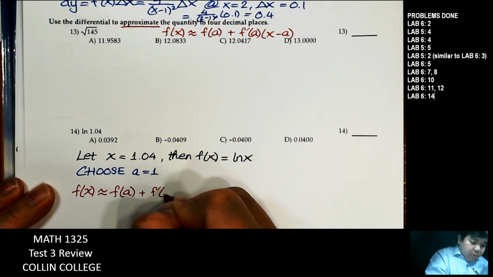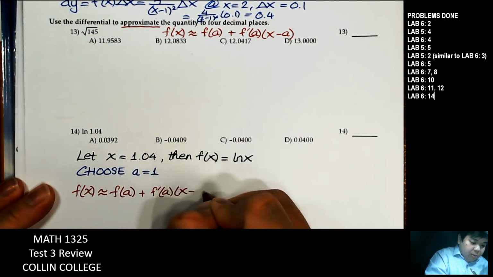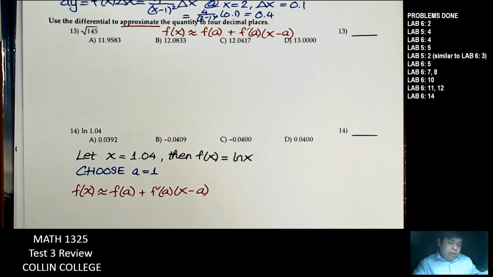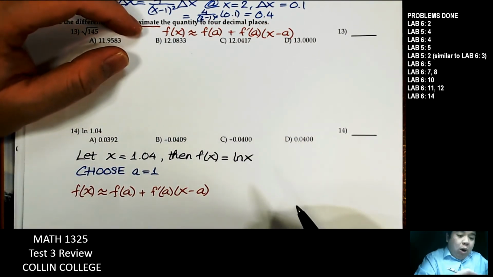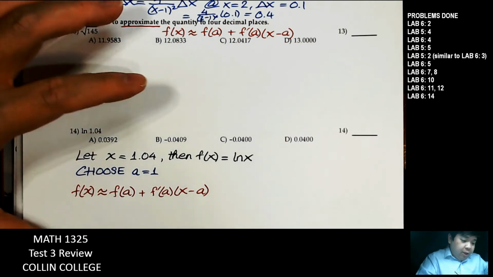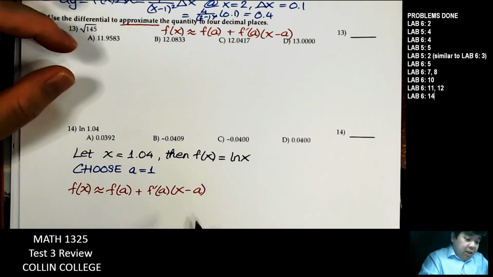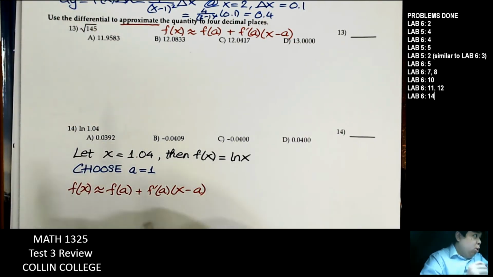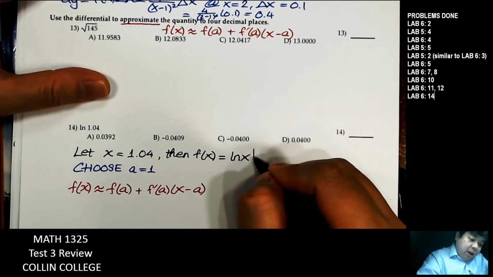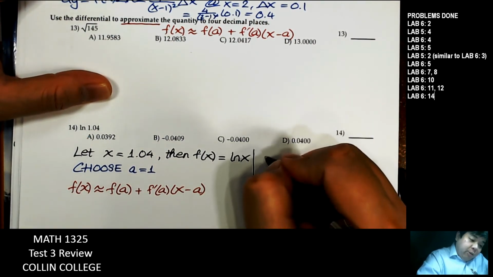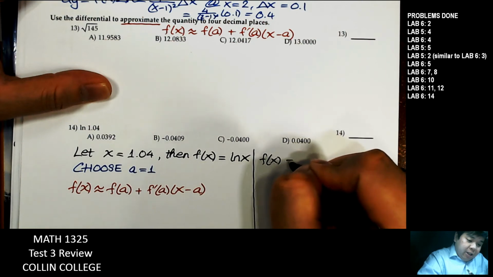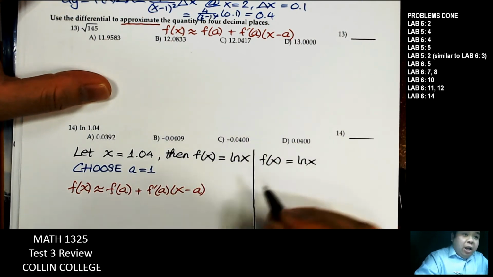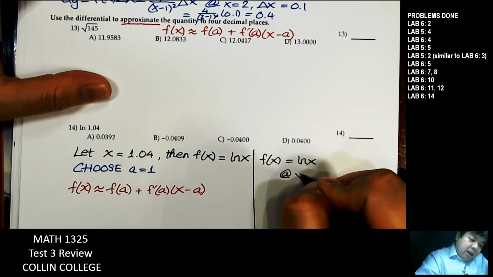So that's what we always do. X is that number and then ln of x. What we do next is choose something very close to this, and then we choose 1 because ln of 1 turns out to be a nice number. Right, and then we write out the formula.